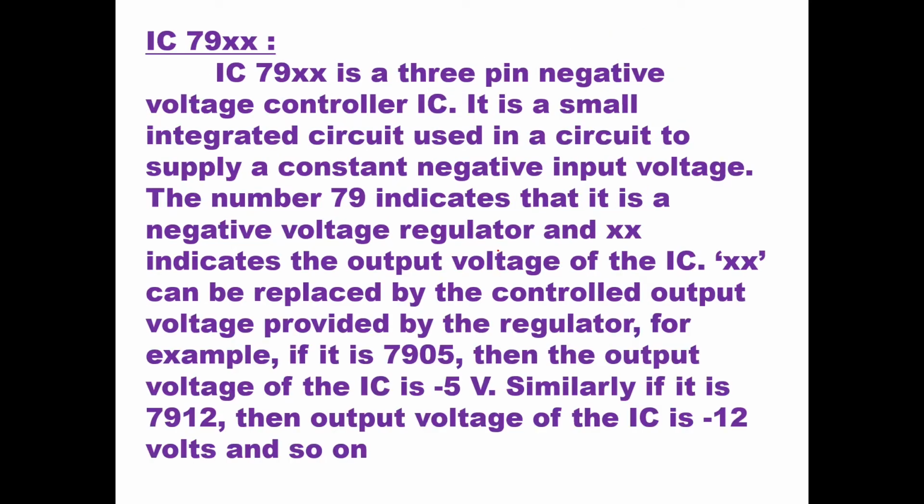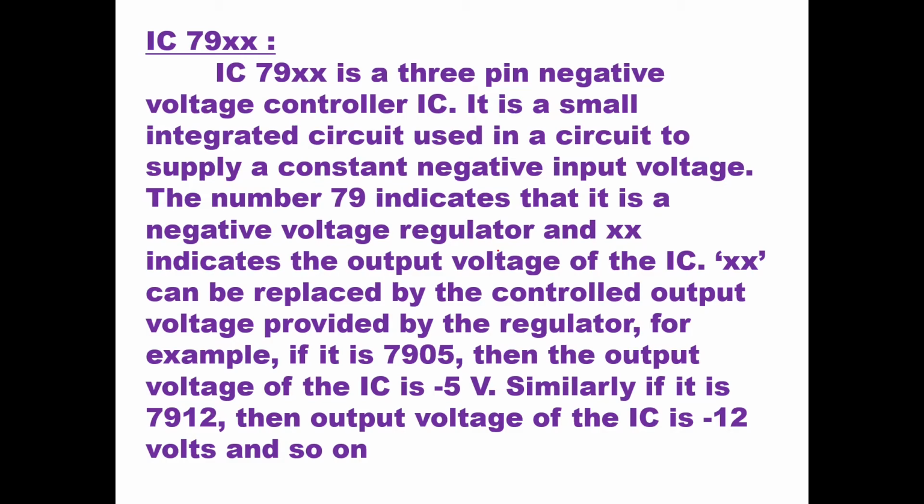Then in similar lines you can also explain the 79 series. The 79 series is also a 3-pin negative voltage IC. It is a small integrated circuit used in a circuit supply to supply a constant negative voltage. The number 79 indicates that it is a negative voltage regulator, and xx indicates the output voltage.